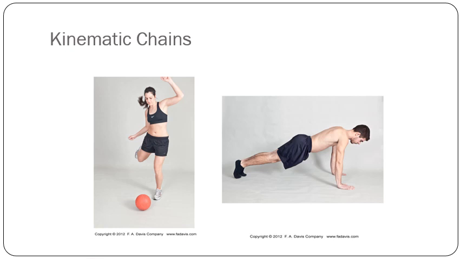If the extremity is in contact with something and your body is moving over the extremity, take for instance this push-up position, his hands are in contact with the ground, his body is moving over his hands and his feet, that's closed chain. So a push-up is a closed chain motion.